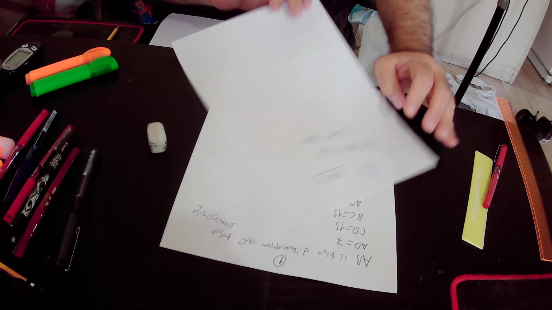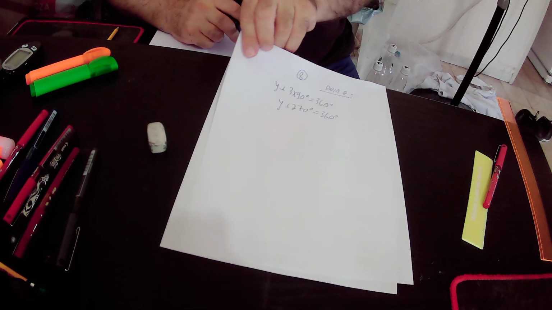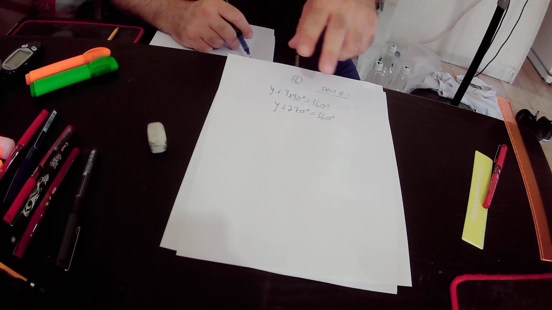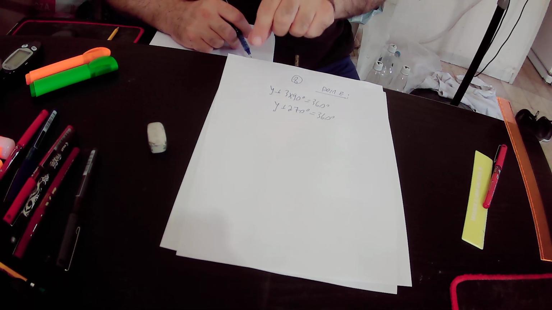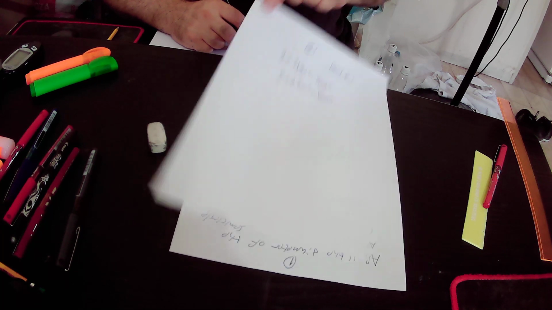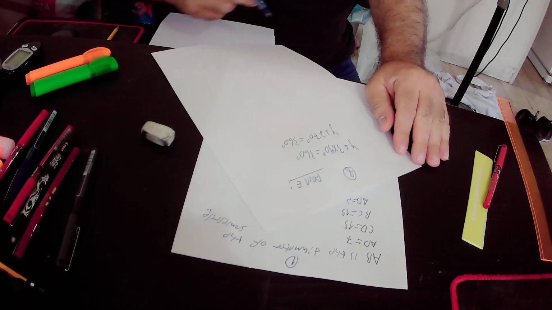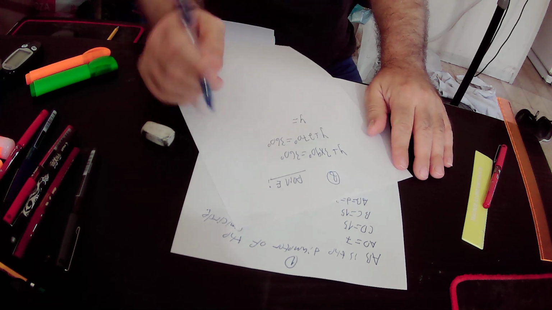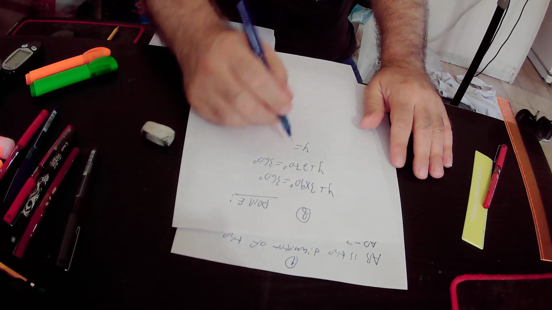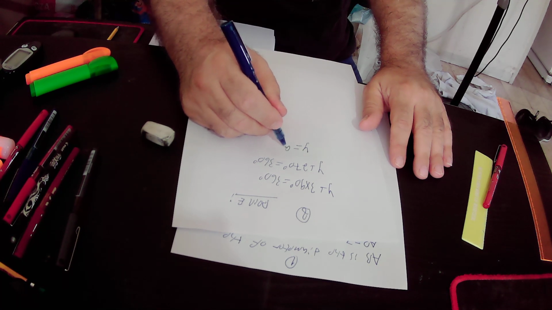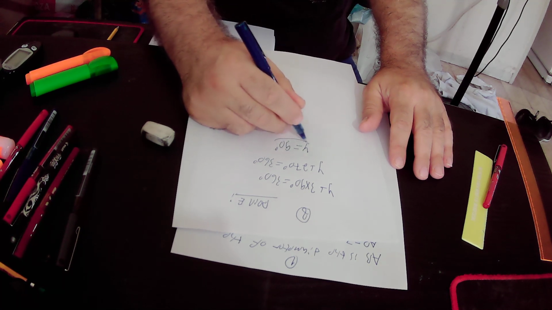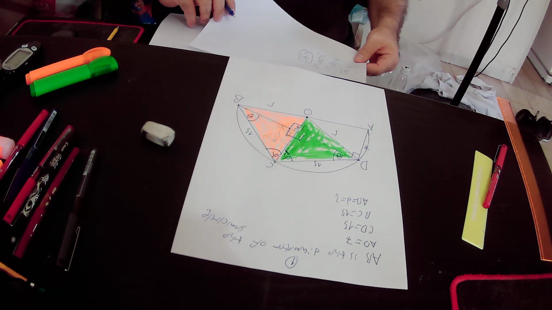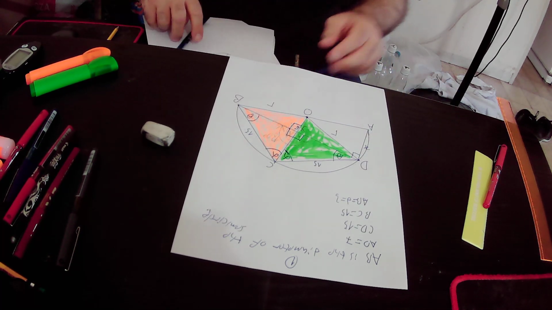Here we can subtract 270 degrees from this equality in order to get the value of Y. So angle Y equals 360 degrees minus 270 degrees, that is 90 degrees. So the size of the fourth angle, angle Y, is 90 degrees.